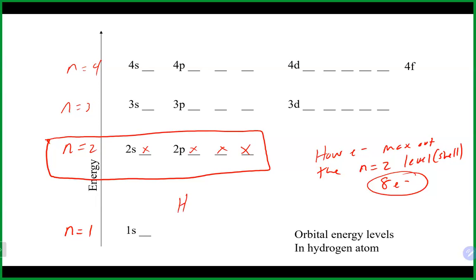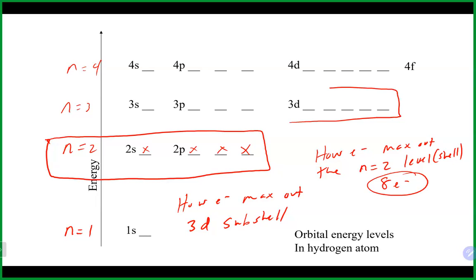How many electrons if I maxed out the 3D subshell? How many electrons could I put in there if I maxed out? So 3D subshell means all the 3D orbitals and only the 3D orbitals that are on there.